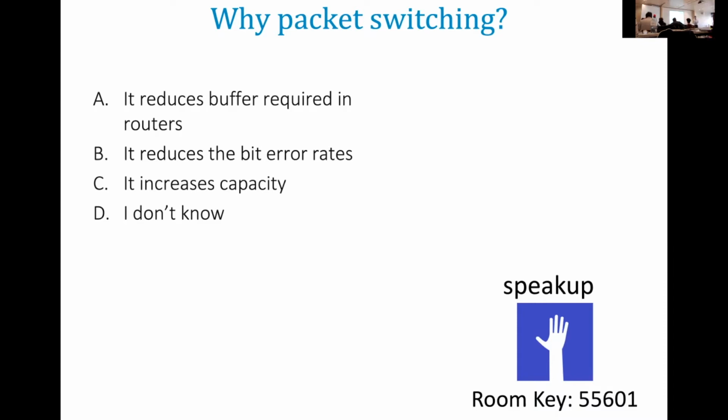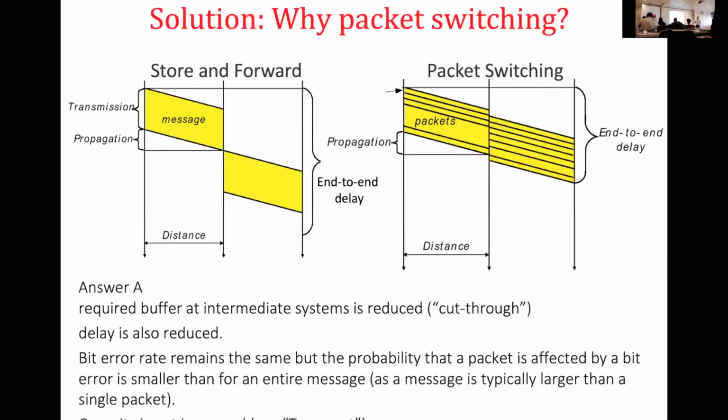So I will close the poll in a second. Well, there is a tie between A and C. You think that it reduces the buffer required in routers and also increases the capacity. Well, let's see the answer.